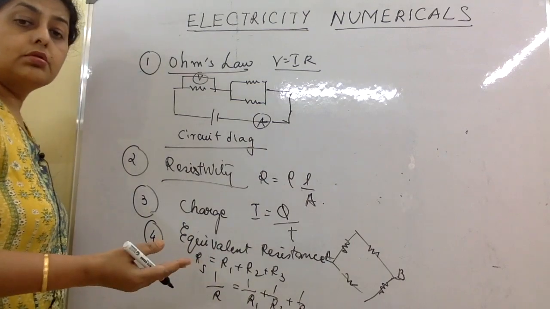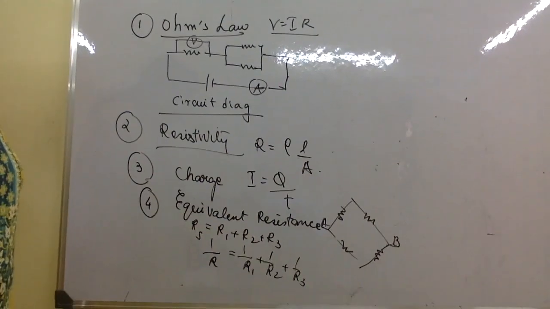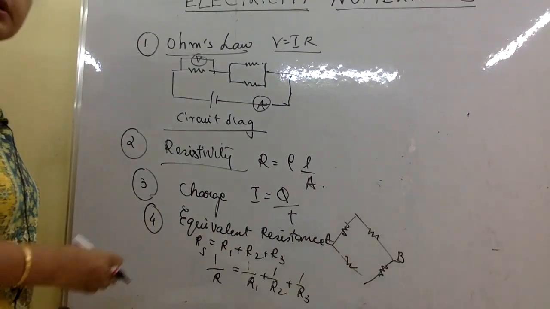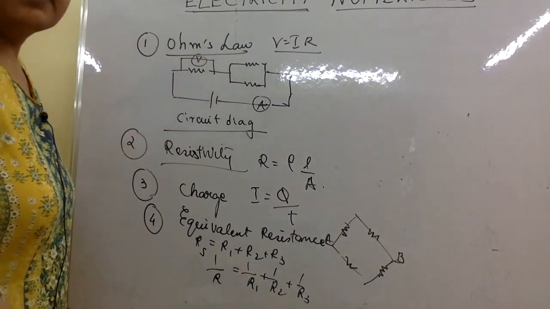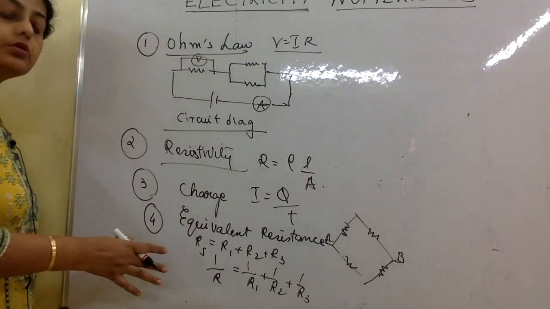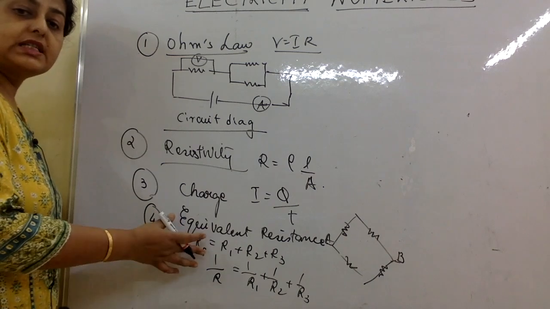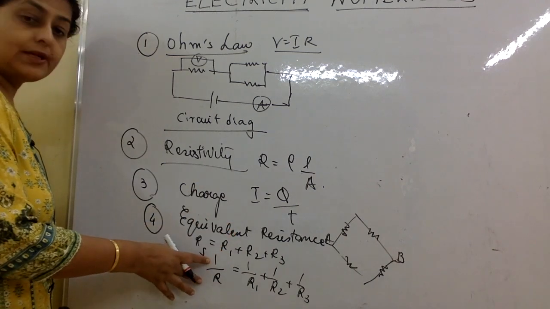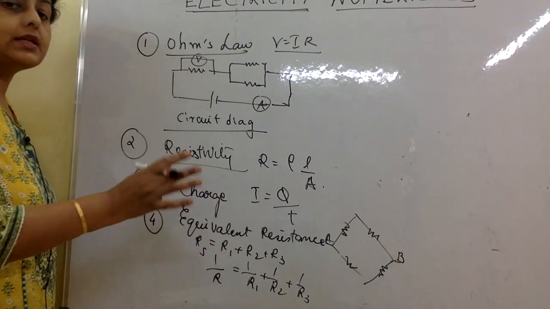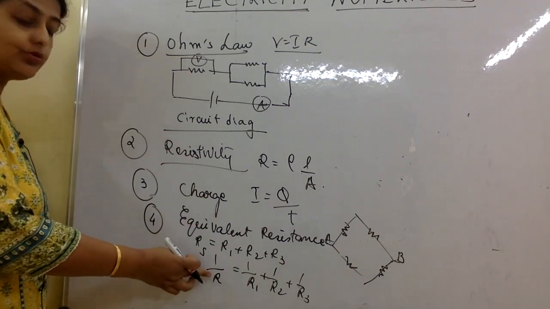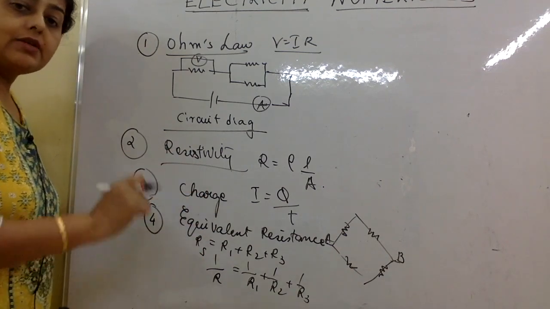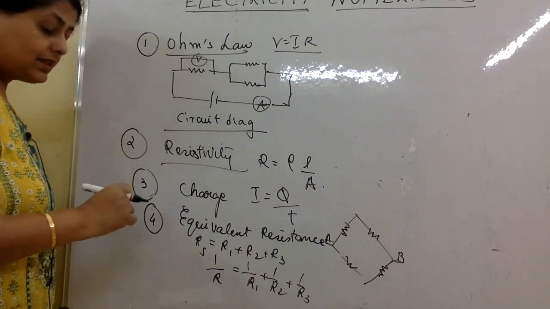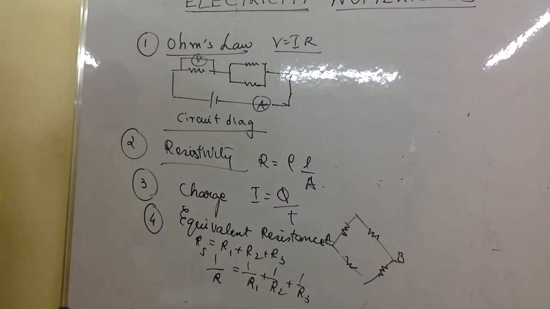And what do you do here? You don't do the reciprocal in the final answer. You give 1 by R is equal to the number of ohms. That is not the answer. You have to do the reciprocal and give the value of R. That people miss. So that was the fourth type of question.